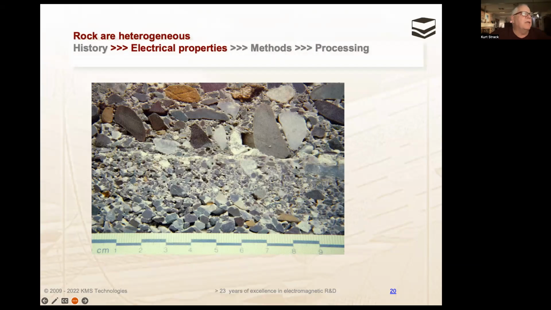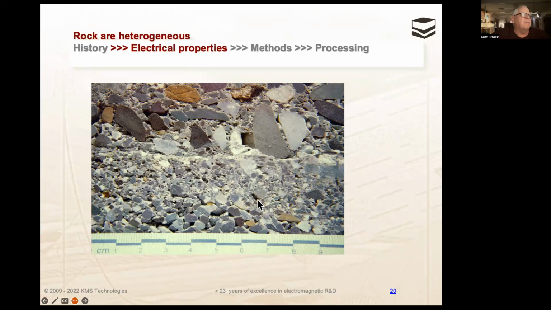Now, when we look at a rock, because of the weight, so-called gravity, we have the small pebbles at the bottom and the large pebbles at the top. And this gives us automatically some layering.